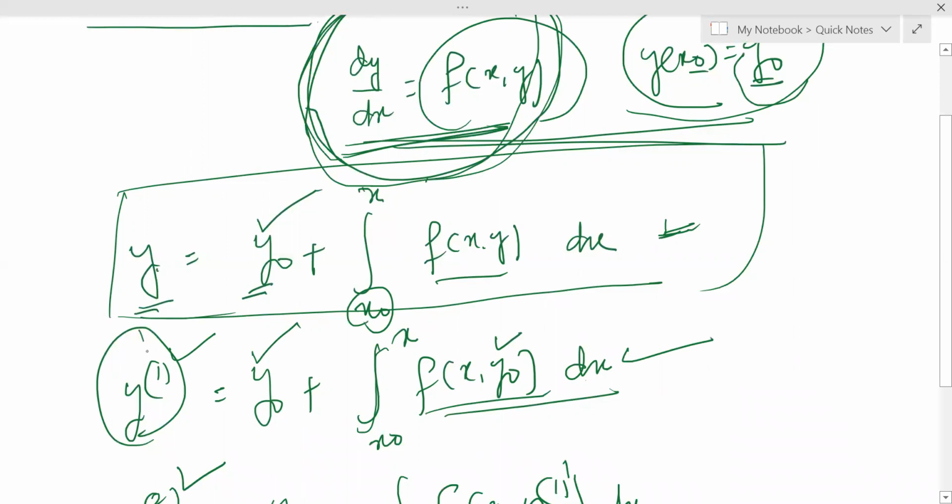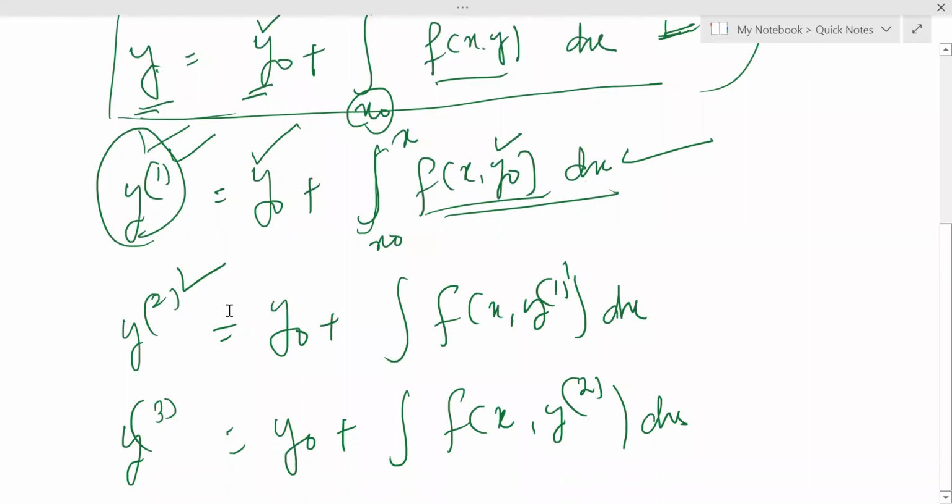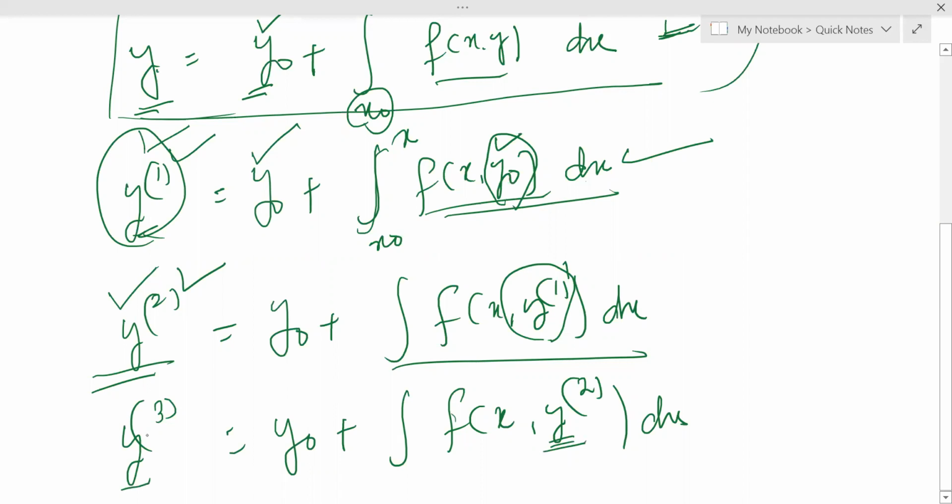Again you evaluate y1, then second integration, that is y2. In the second integration, y0 is replaced by y1. Then integrate again and y2 is produced. In the next iteration, y2 value is replaced here, then y3 is produced.